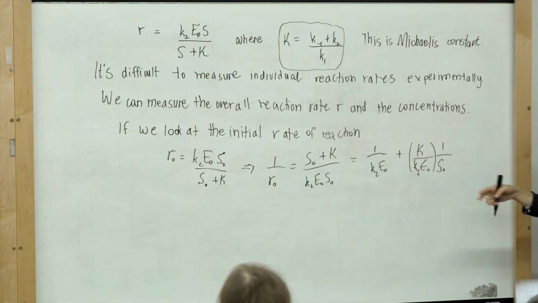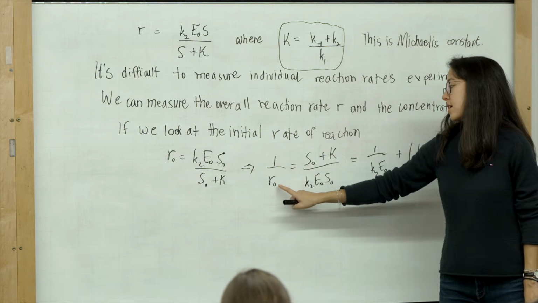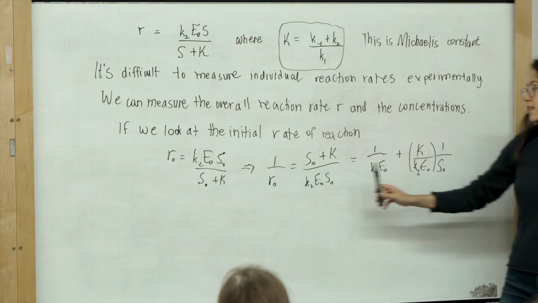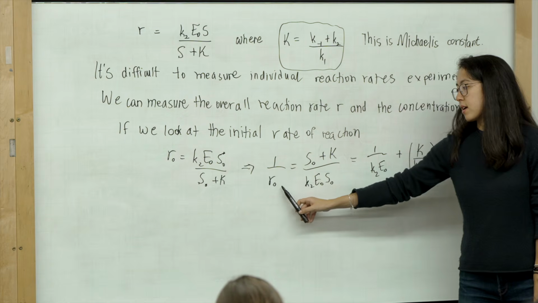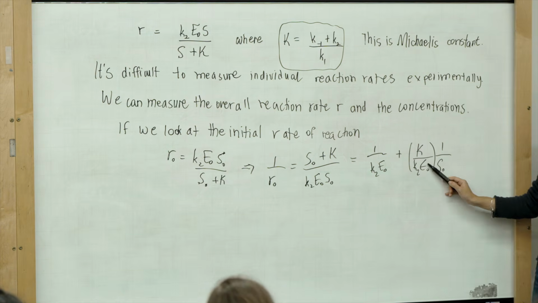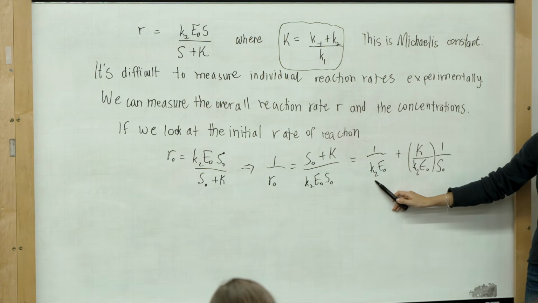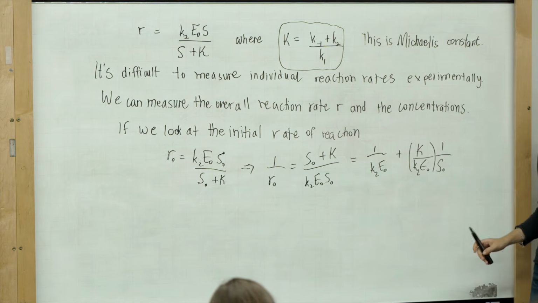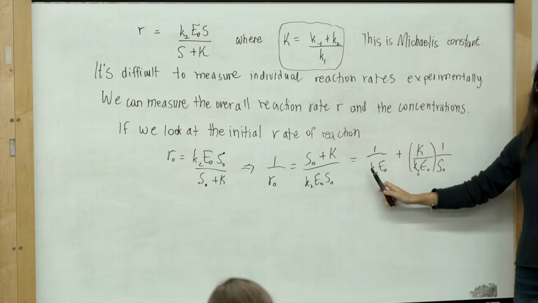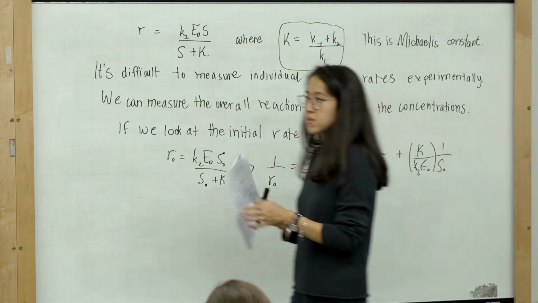Okay, so if I'm trying to plot a thing for this function, I can treat this now as a new variable. This is a linear equation for 1 over R0 in terms of the reciprocal of the initial substrate, with a certain slope and a y-intercept. Just imagine this is y equals mx plus c. And when you plot this kind of thing, it has a name.